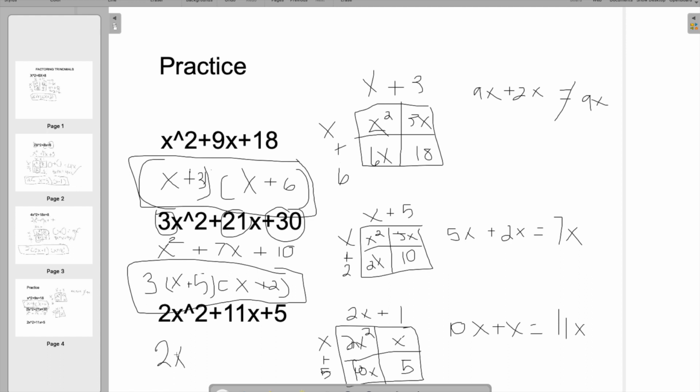So the answer is 2x plus 1 times x plus 5, and that is our answer.